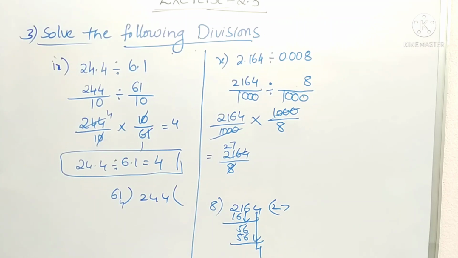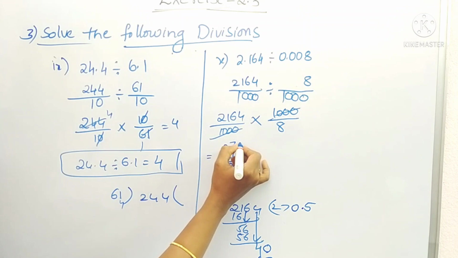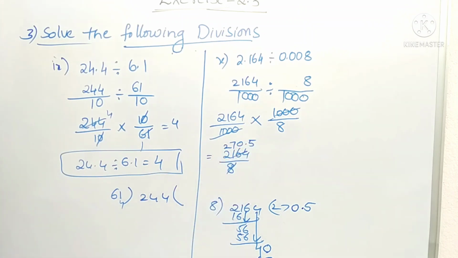Right? So just put the decimal point and put the 0. Okay, so first write the 0 and here also write 0. Then after the decimal point 8 5s are 40. Okay, so it will be 270.5.